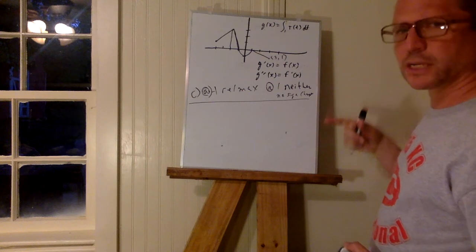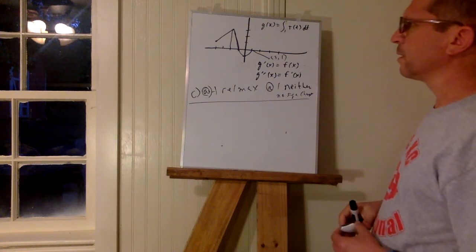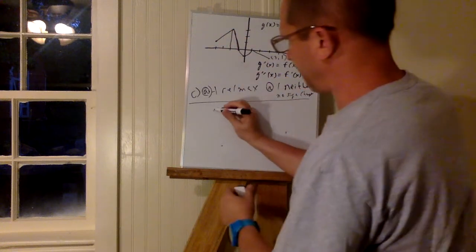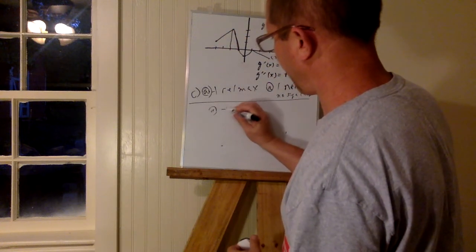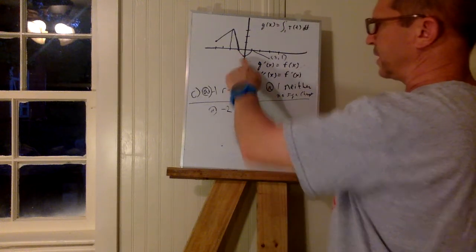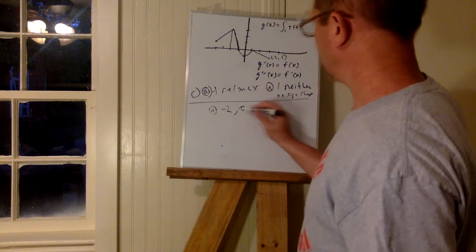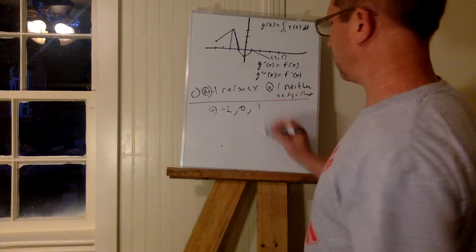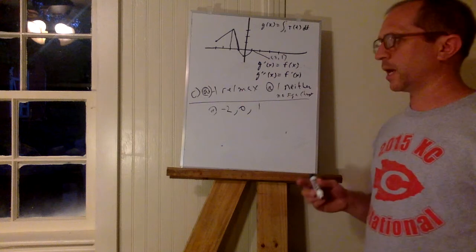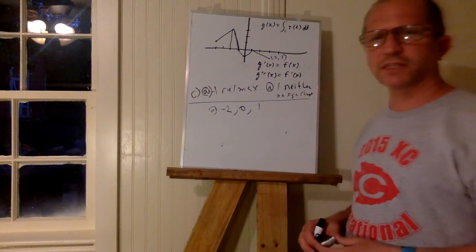But we also need to change directions. So we change directions here at -2. Then we change directions at 0. And we change directions again at 1. So these are our 3 x values where we have points of inflection for G.